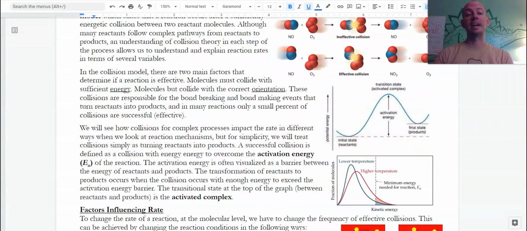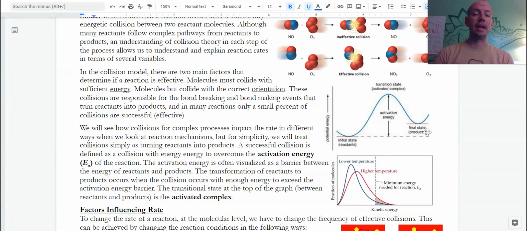One of the things that connects with that, whether the collision is successful or not, is what's called the activation energy. It's represented in these two graphs in two slightly different ways. When we look at potential energy, we can see that our reactants could be graphed with a certain amount of energy and our products with a different amount.